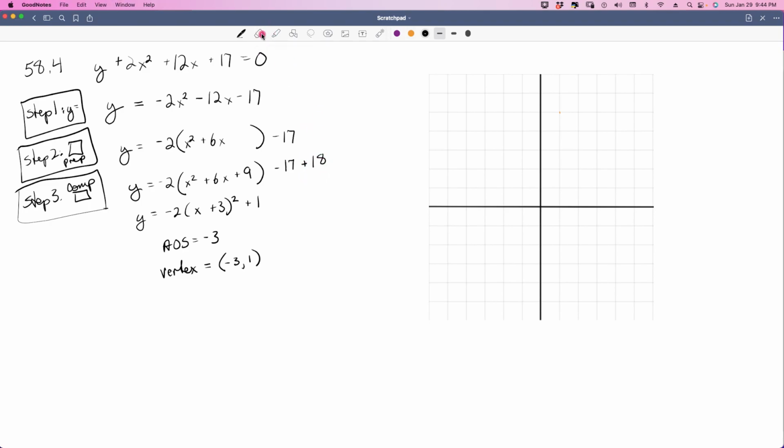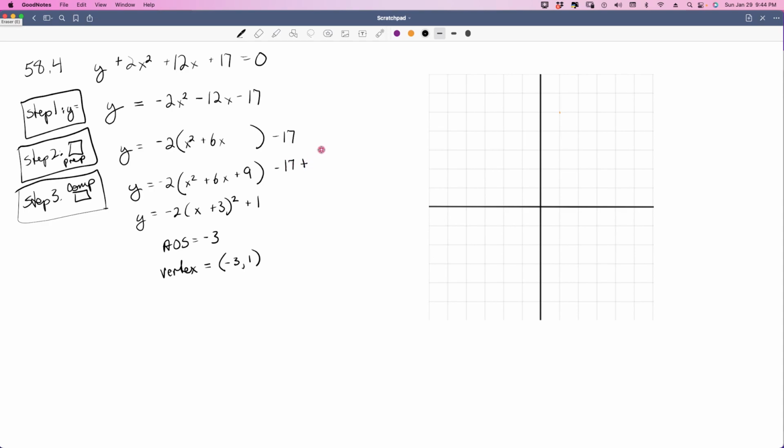Whenever you come out here and you add this 9, you have got to then subtract the coefficient times that -9. Or actually, you're going to do whatever it says to do.